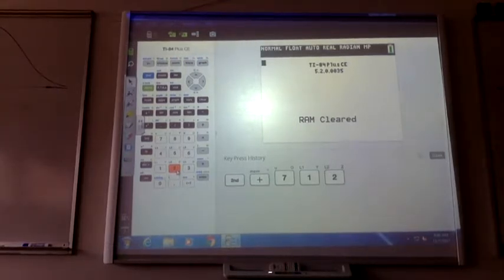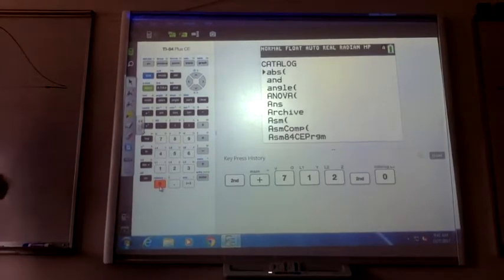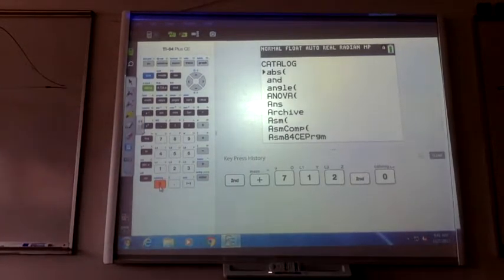Since we just reset all of our factory settings, that turns our diagnostics off. So let's turn the diagnostics back on. I'm going to hit second, and I'm going to hit 0. And it's going to take us to our catalog. It's your choice. If you want to arrow all the way down to the D's, go for it.